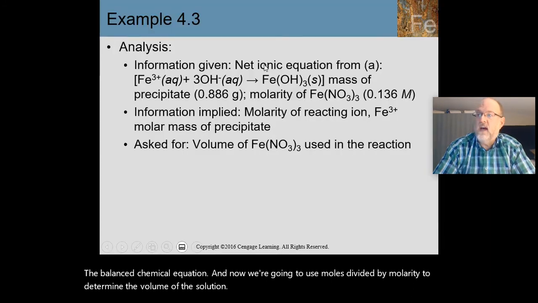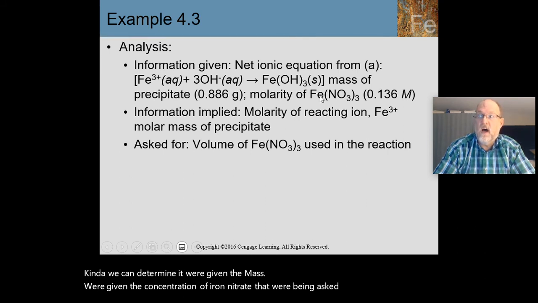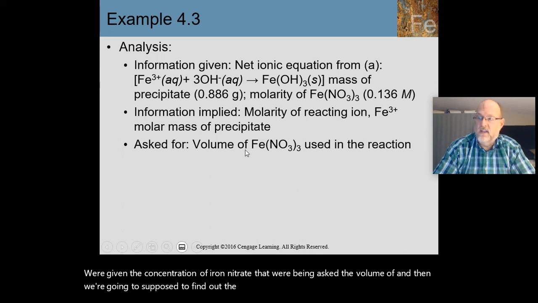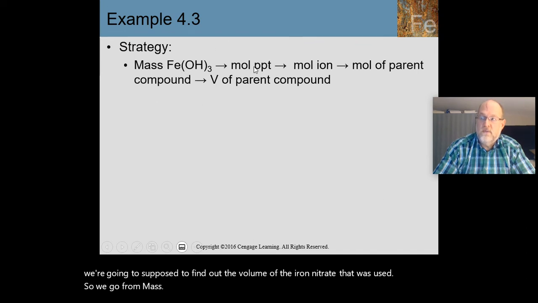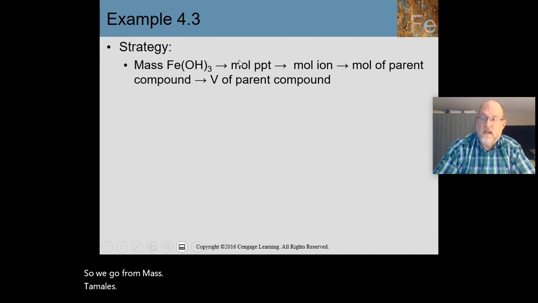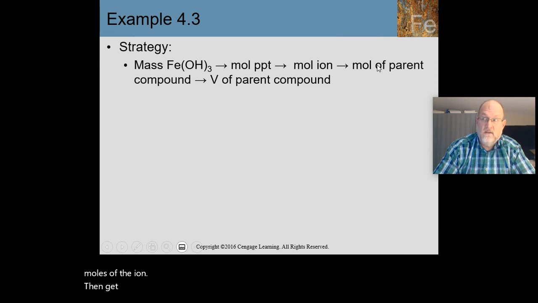We're given the ionic equation, the mass, and the concentration of the iron nitrate that we're being asked the volume of. So we're going to go from mass to moles of the precipitate, then use the balanced equation to get the moles of the ion, then the moles of the parent compound, and finally the volume.